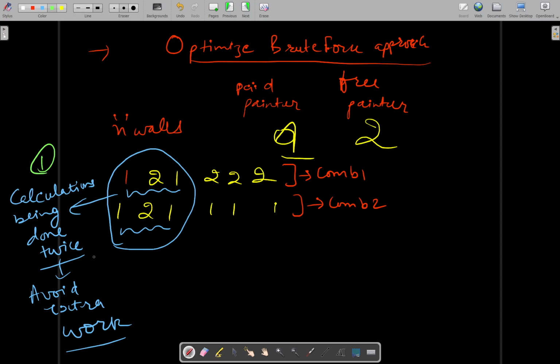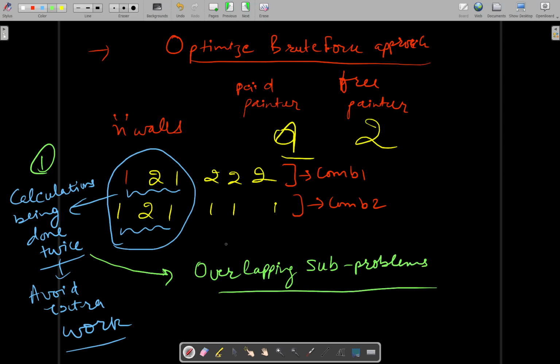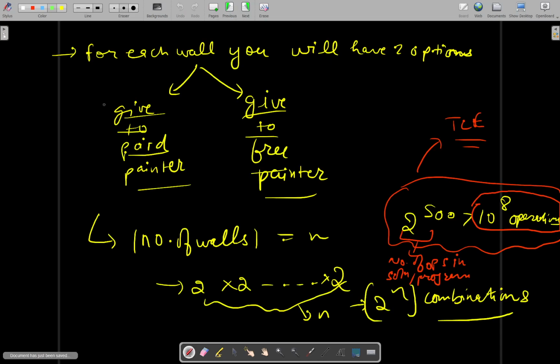This particular property is called overlapping subproblems. As you can see, this subproblem exists in both of the combinations. Those of you who are new to this property, I will be providing a link for an article describing this. The following property is optimal substructure.